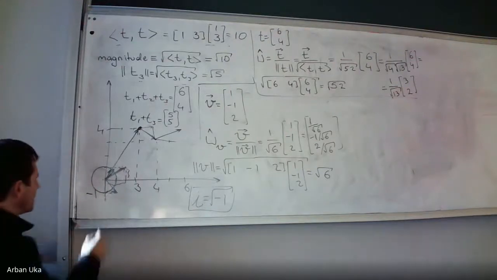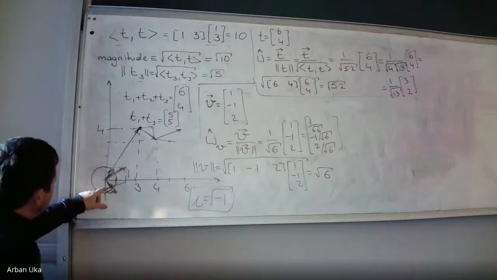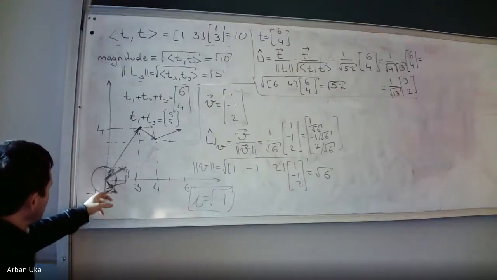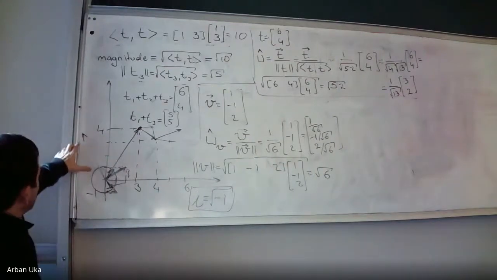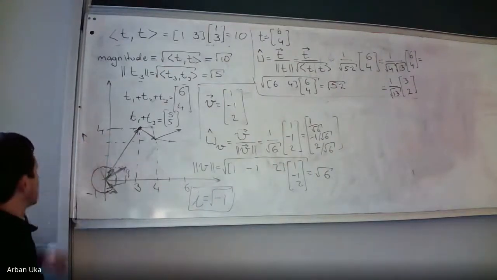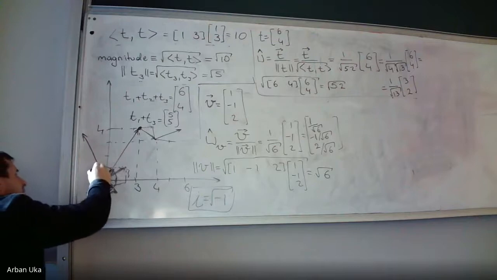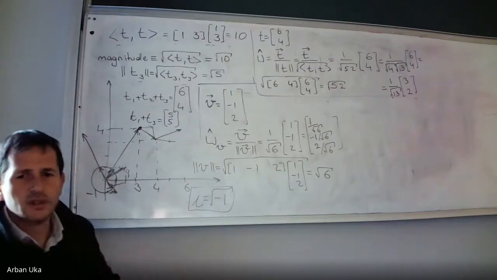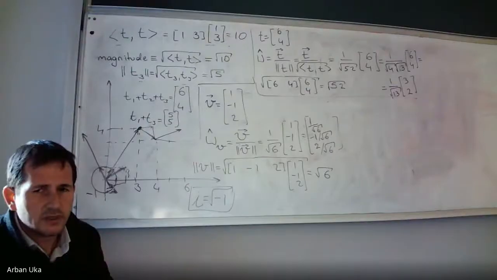It's a little out of this circle, but the unit vector along this vector is going to be, maybe I'm not doing a good drawing, but we can also have another vector extended this way, and by dividing it with its own magnitude, we obtain a unit vector which has the same direction, but ends at the boundary of the circle with radius unity. Is it clear? Yes, so we find the unit vector. Exactly, in normalization.